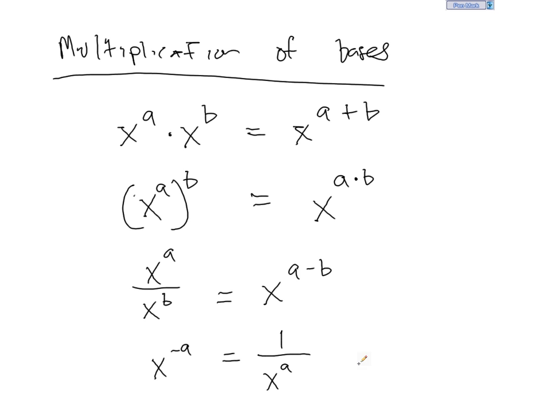And then that also holds, that's identical to saying this: 1 over x to the negative a is equal to x to the positive a over 1. So basically, to change a negative to a positive exponent, you can flip the fraction and change the sign.